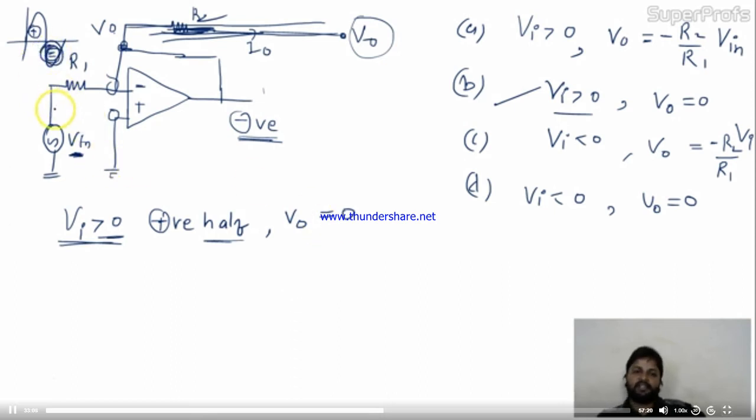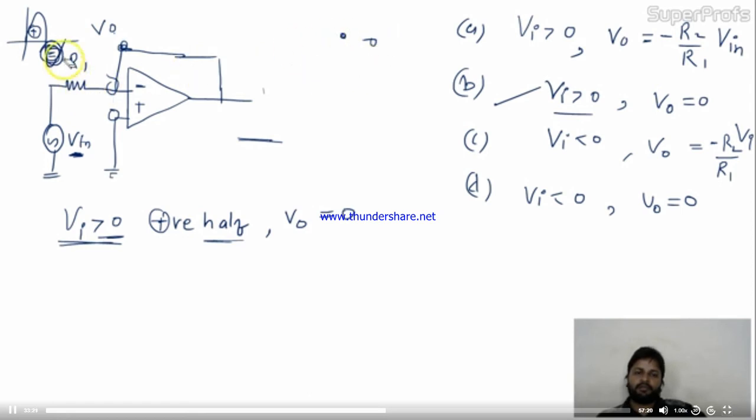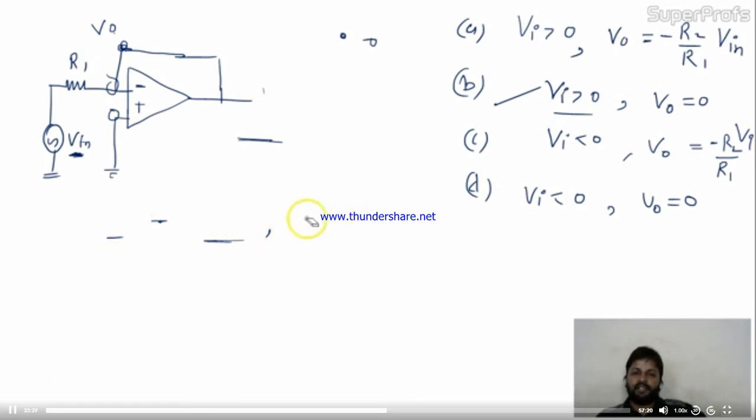In the negative cycle, this will be positive. Let me draw the circuit again. Now I'm going to apply the negative cycle to the system, means Vi less than 0.